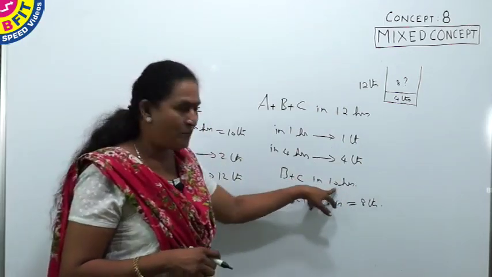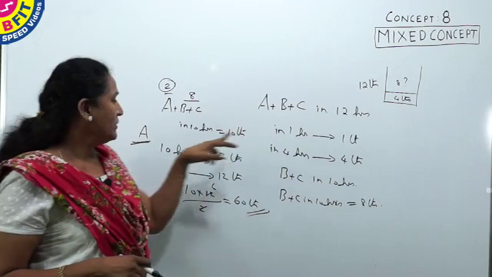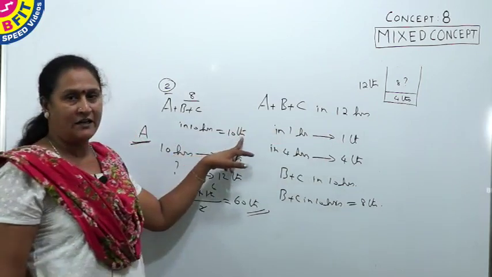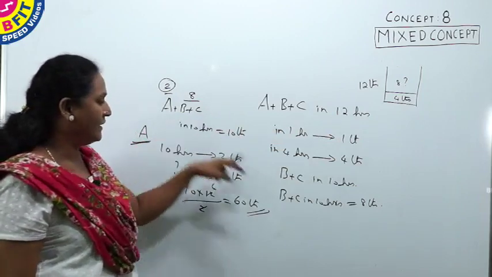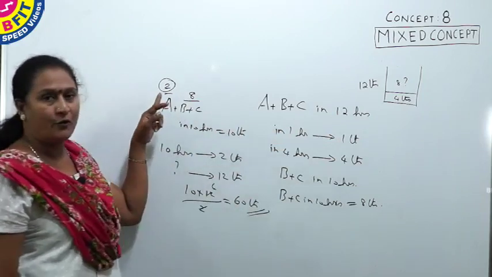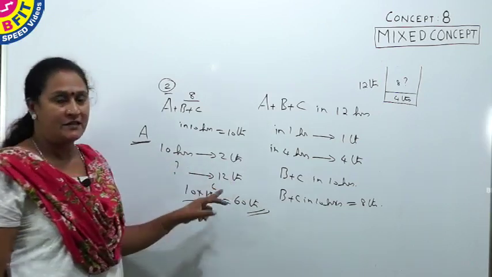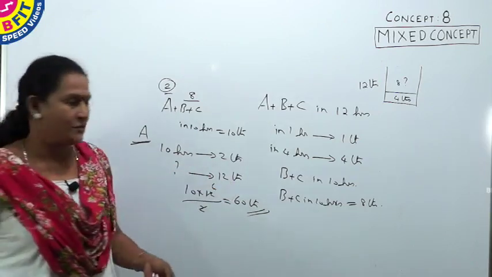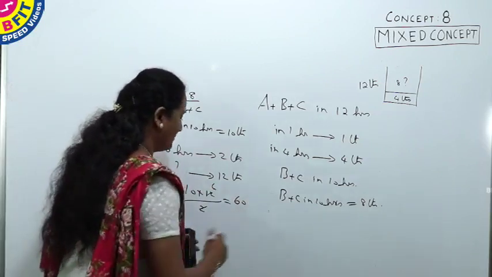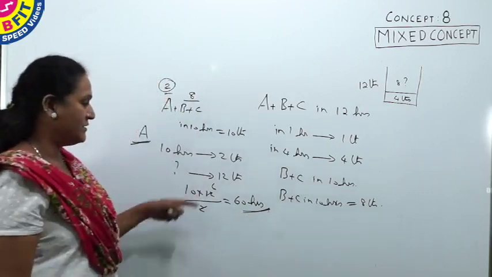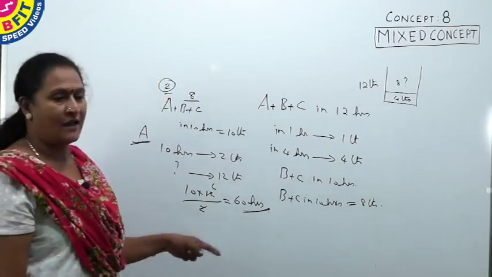Now we'll check the same base for A, B, C also. A, B, C in 10 hours: in 1 hour 1 liter, in 10 hours 10 liters. B and C in 10 hours 8. So A would have poured 2 liters in 10 hours. For 12 liters, it needs 60 hours. So A needs 60 hours to fill the tank alone.